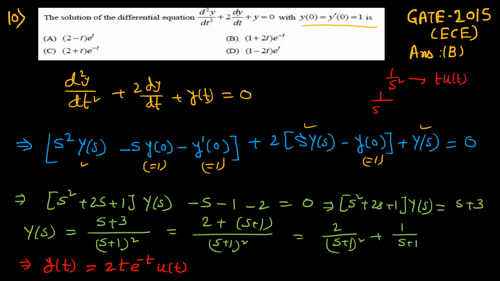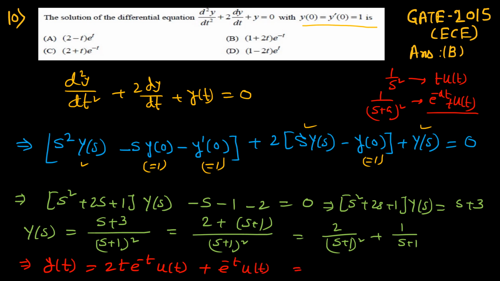And if it is 1 upon s plus a, that whole square, that is e to the power minus a t, t into u(t). Okay, so that we have done. And only the 2 coefficient is given there. So 1 upon s plus 1 whole square gives t u(t) multiplied by e to the power minus t. Right, and plus 1 upon s plus 1 is simply e to the power minus t u(t).